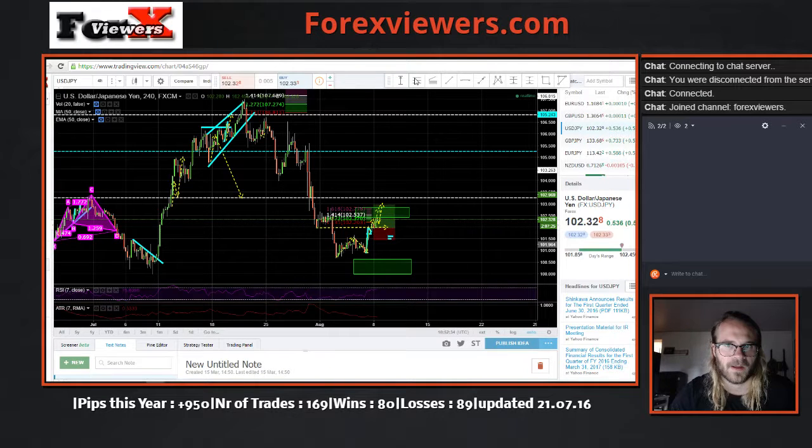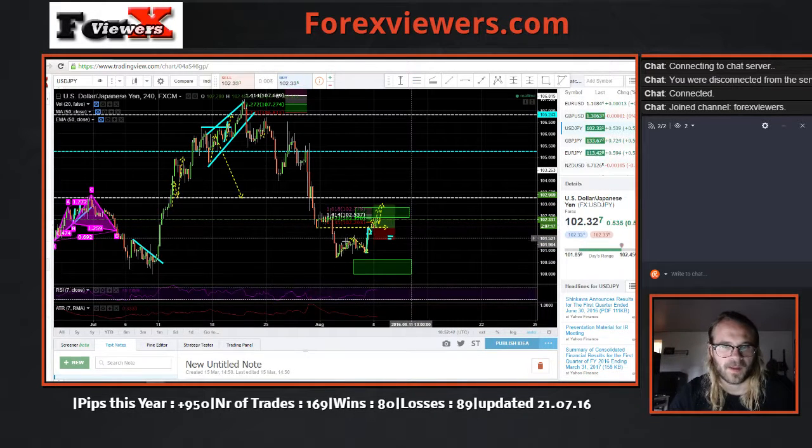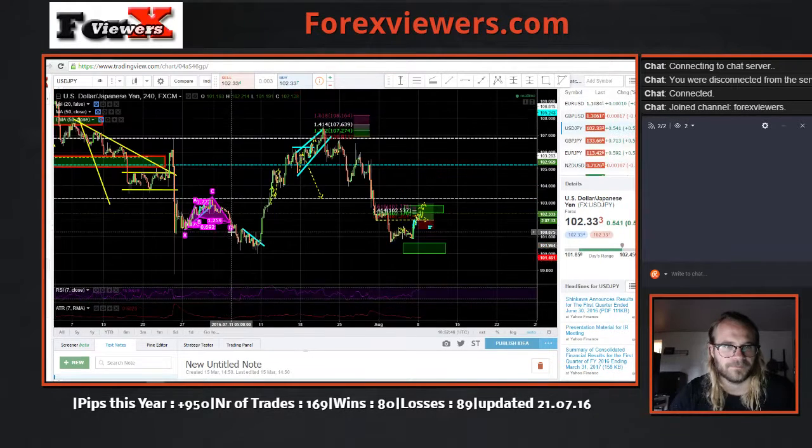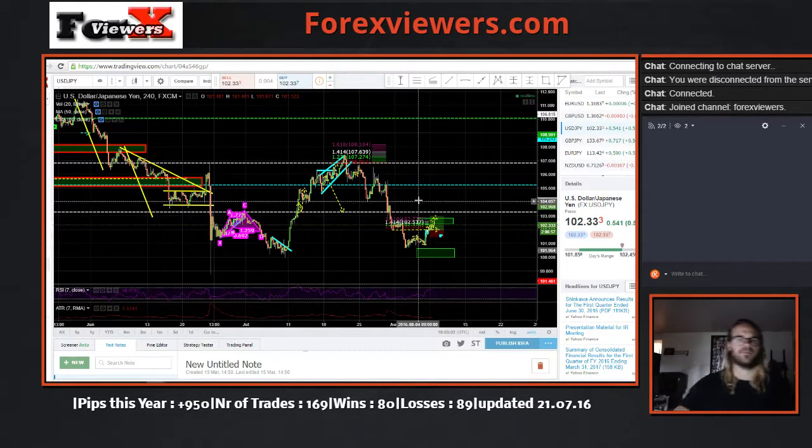Do we get a... No. Thinking about if we got a bat pattern in here. But shooting for the tops here of this white line, and even a little bit higher, isn't that far-fetched.